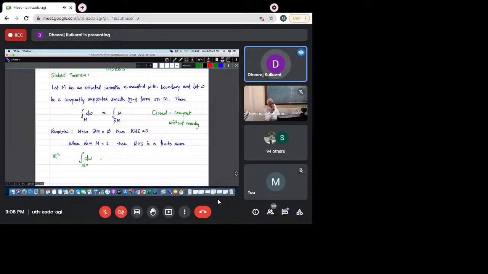We can take a cube of side length capital R such that the support is inside this cube, and then you actually integrate it out. You will end up with values of omega on the boundary of this cube, but the boundary lies outside the support, so values of omega are going to be 0 on the boundary of that cube. In dimension 3 I would have drawn a cube.